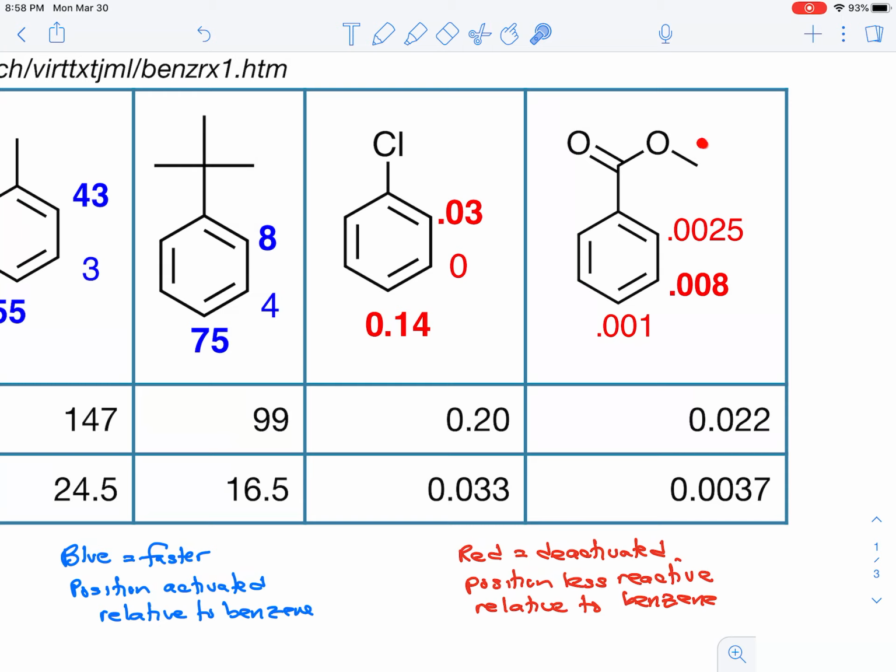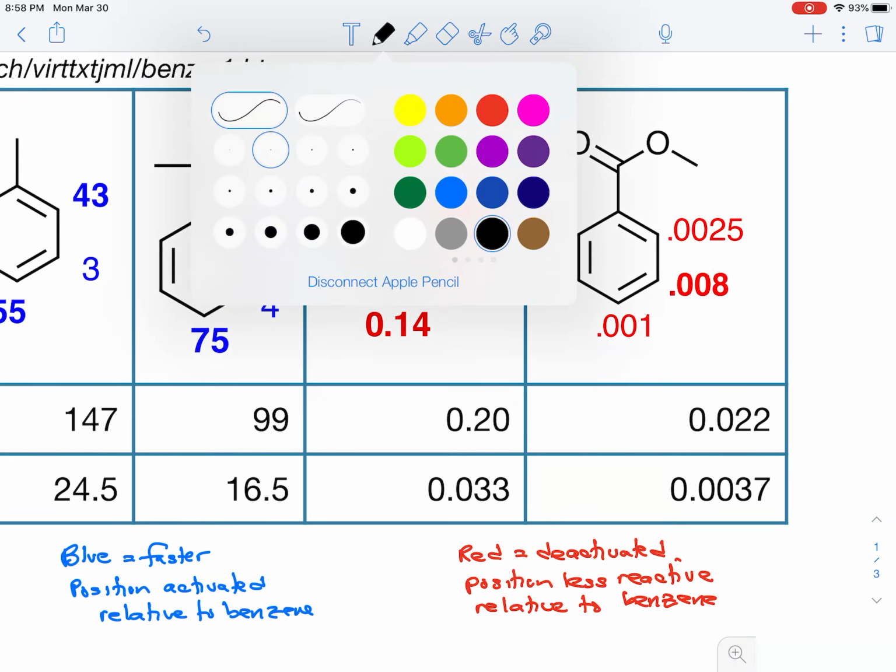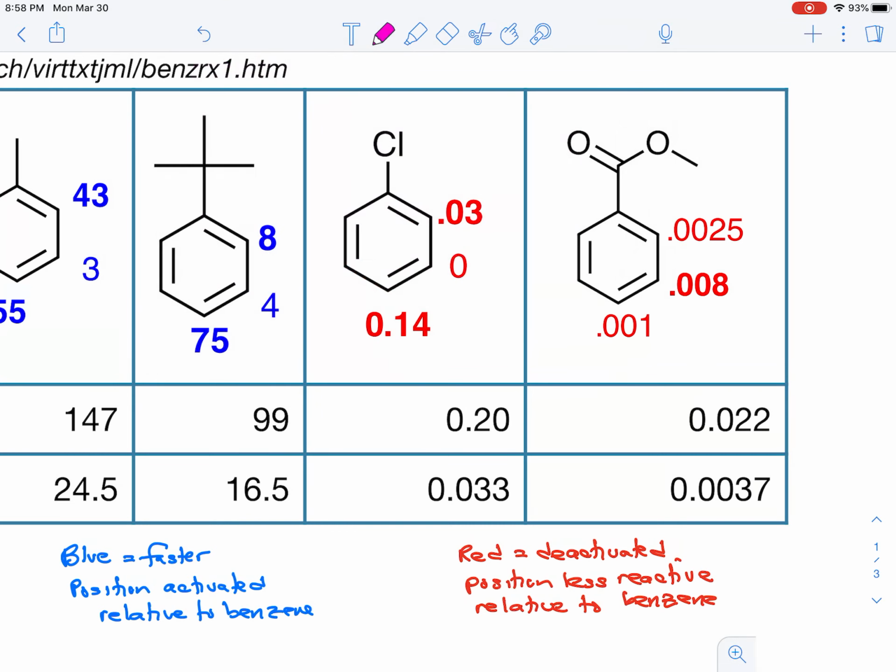So it's not like this particular group with this carbonyl is directing things toward the meta position as much as it's saying, please stay away from the ortho and para positions, and the meta position is the least of the evils. But again, these deactivating groups deactivate all of the positions.